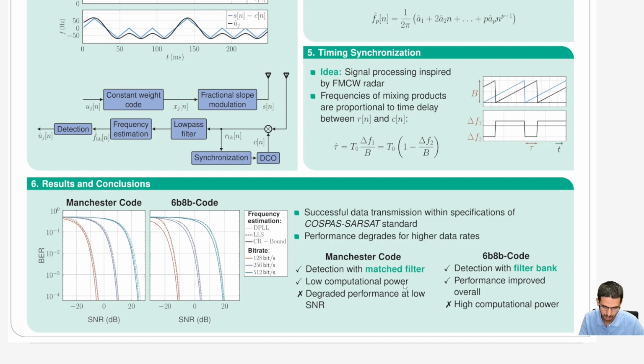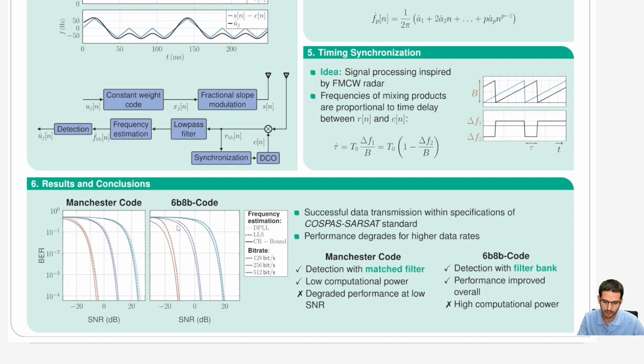This means we require very low computational power, but it has degraded performance in terms of BER compared to a higher rate code like the 6B8B code. The 6B8B code has a rate of 3/4, as opposed to the 1/2 rate of the Manchester code, and this leads to a larger energy per bit effectively.